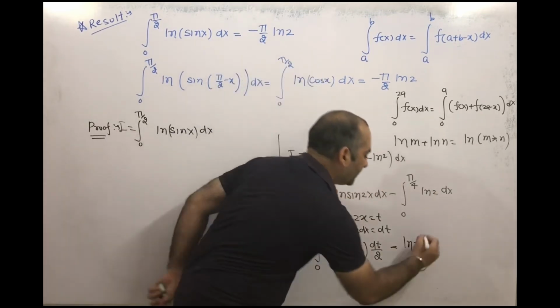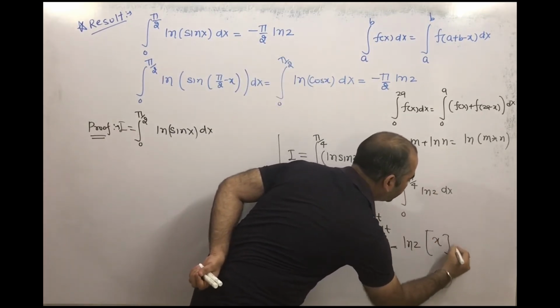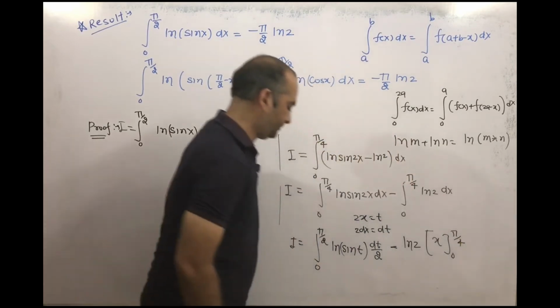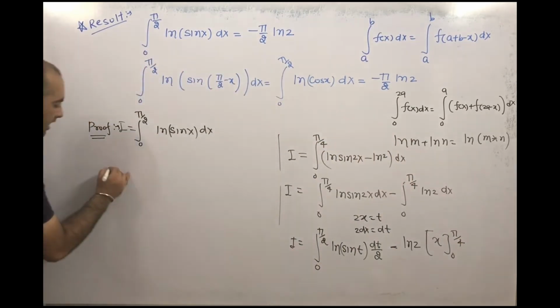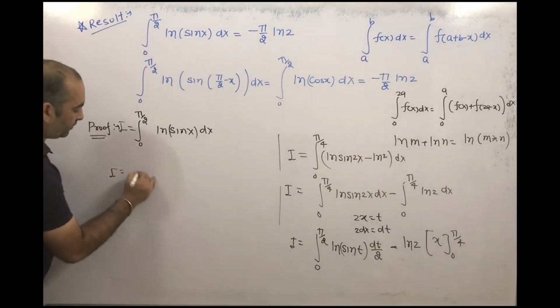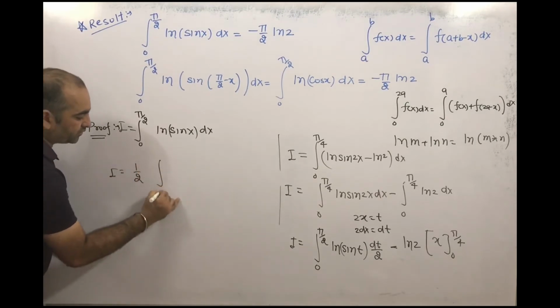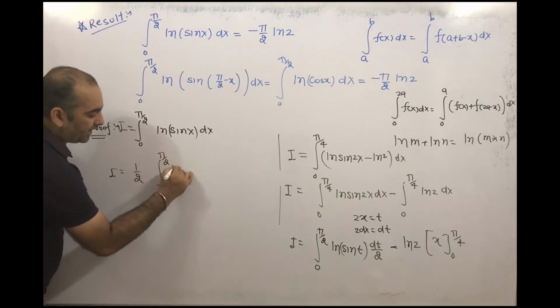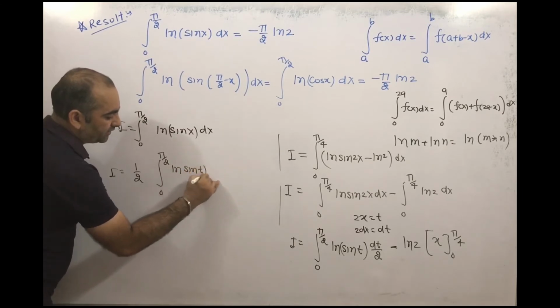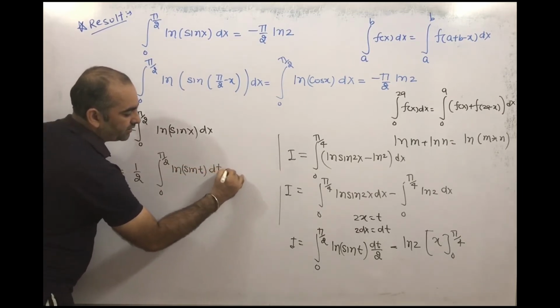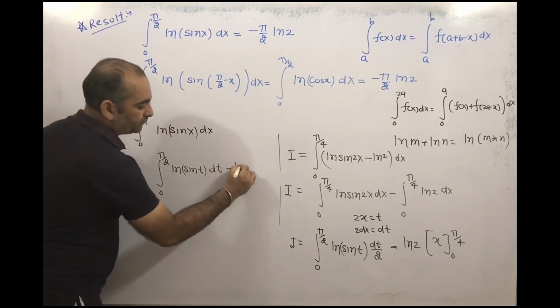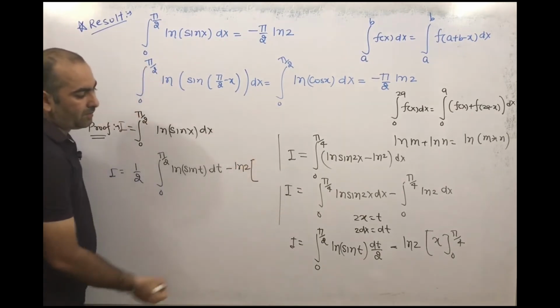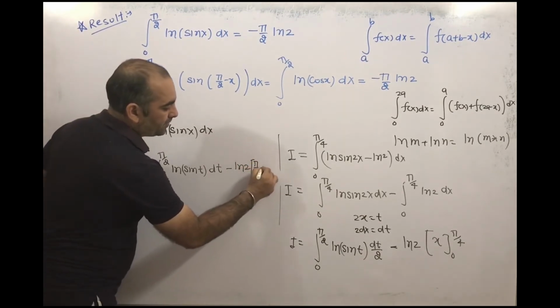0 to pi by 2 dx. So this integration will come at x, and limit is 0 to pi by 4. So I equals 1 by 2 outside, integration 0 to pi by 2 ln sin t dt minus ln 2 times pi by 4 minus 0.